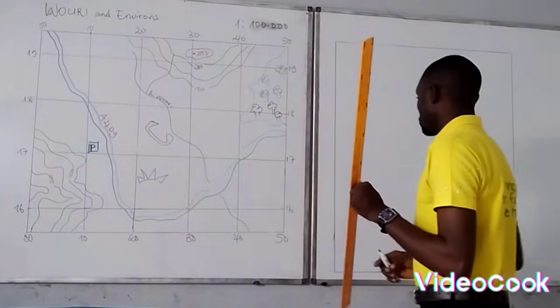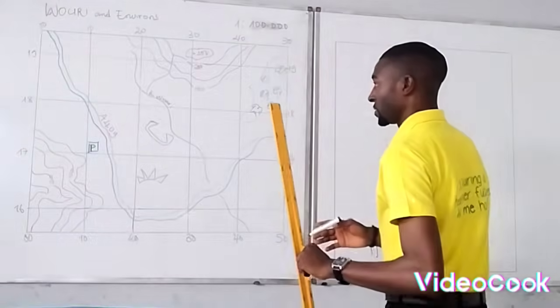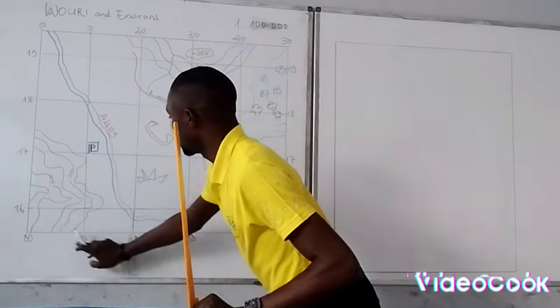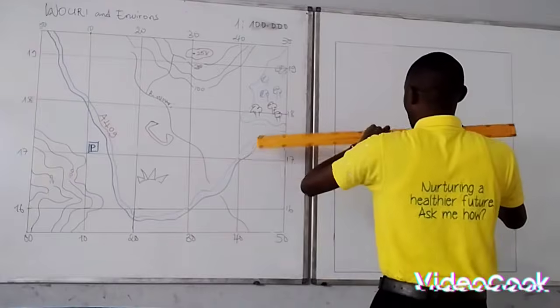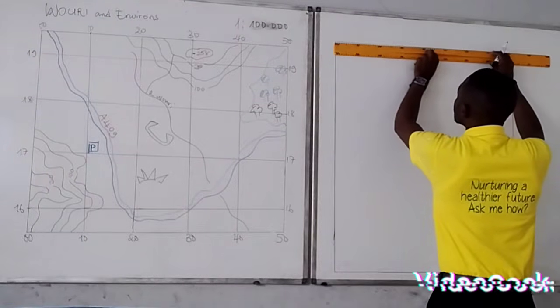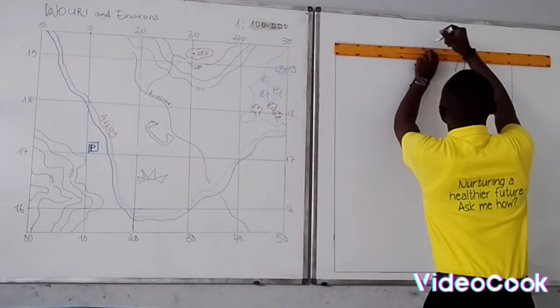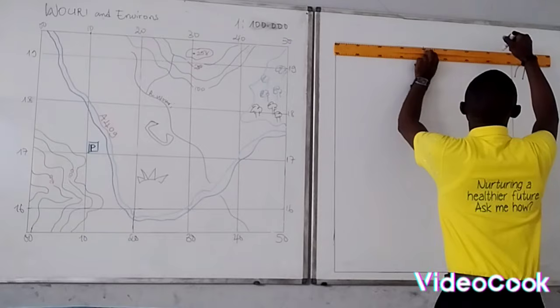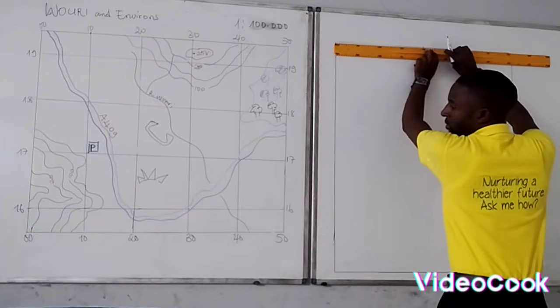So I'm going to draw 4 centimeter lines on the eastings. I have 1, 2, 3 lines to draw of 4 centimeters each. So I'm going to graduate 4 centimeters each. This is the first, and this is the other. Good.